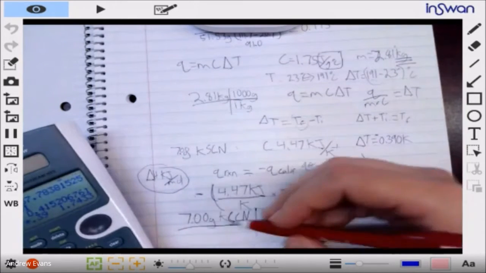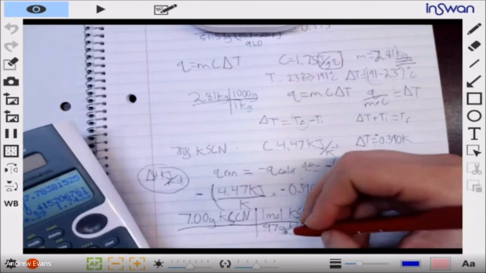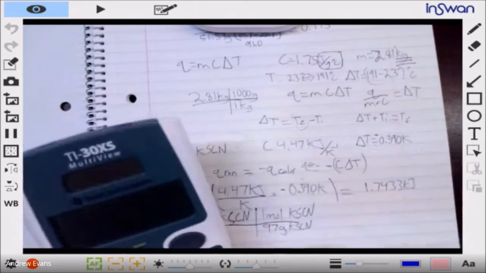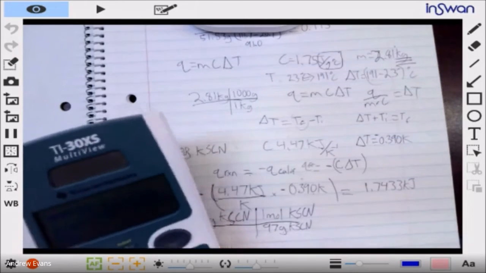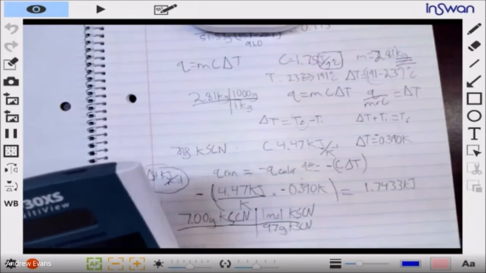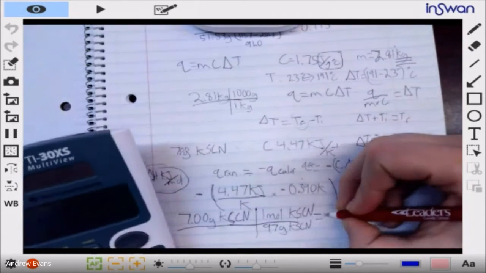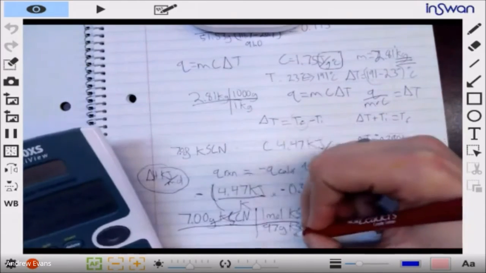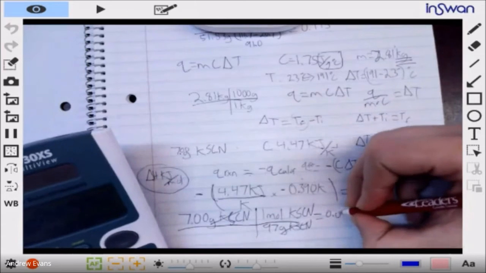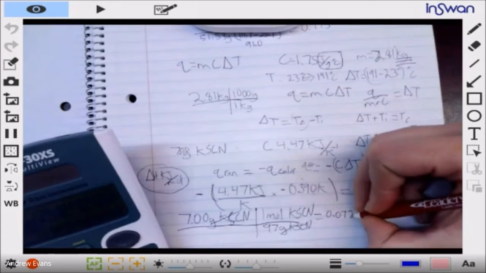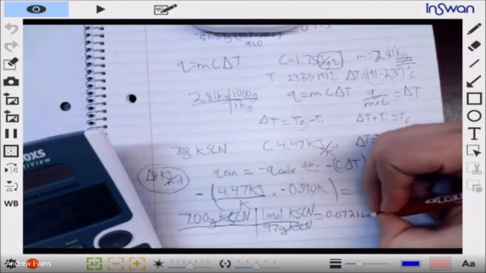So 7 grams at a rate of 97 grams per 1 mole. So how many moles did we have? We had 0.07216 moles.